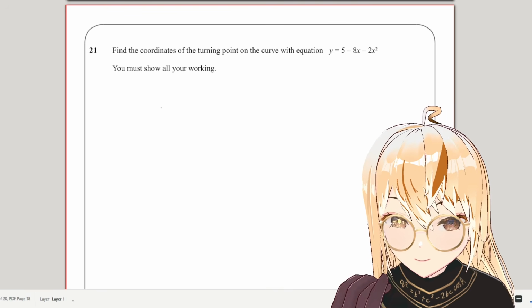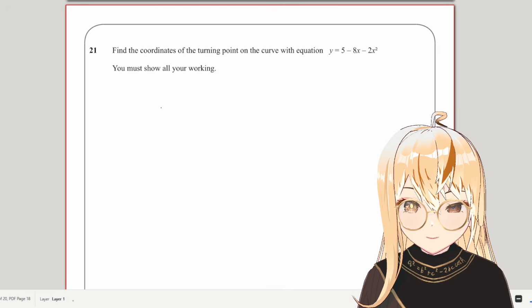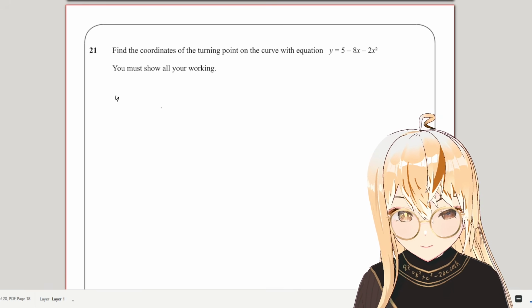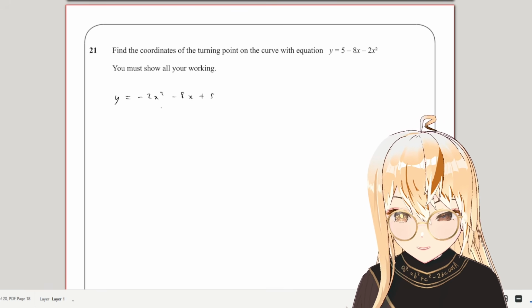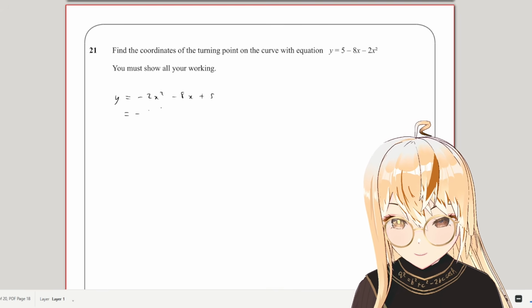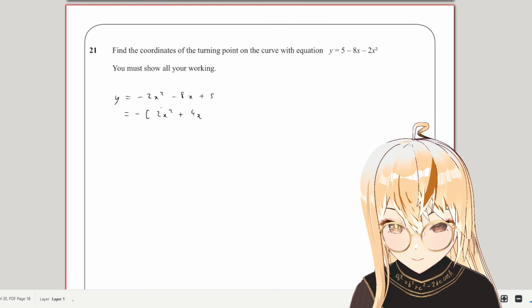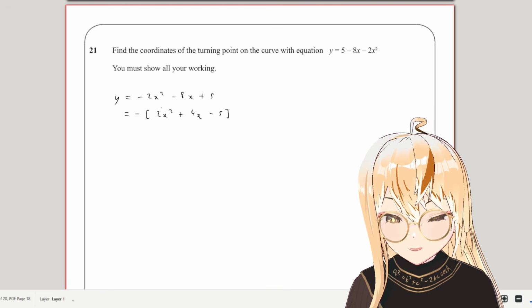Okay, so let's complete our square. I like to take out the minus first, but you can do whatever you like.